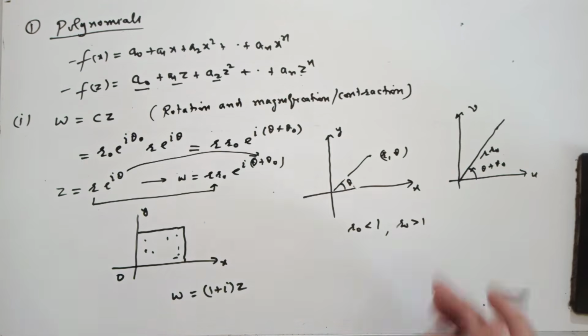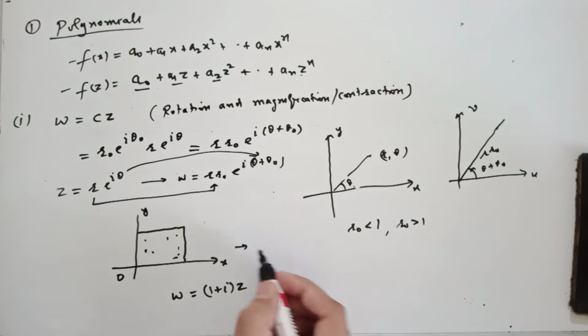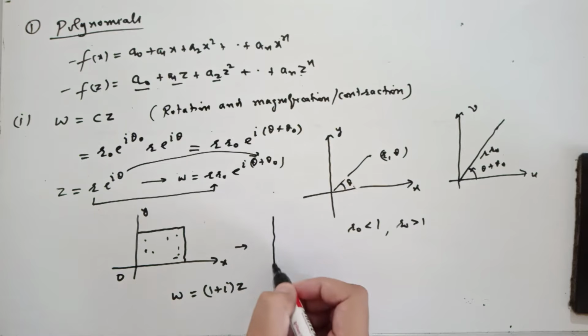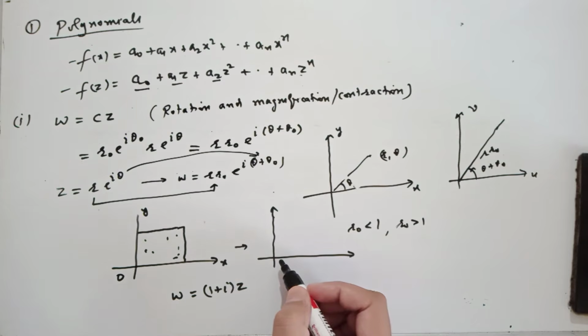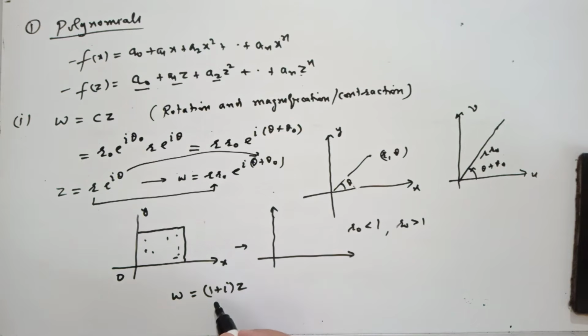Can you understand this from this? What happens to this on this mapping? The image of this rectangular region is magnified. Magnified, what is c here?